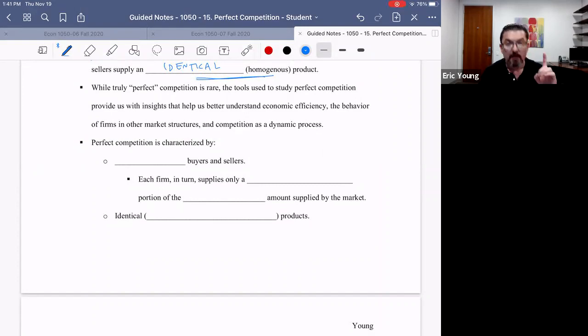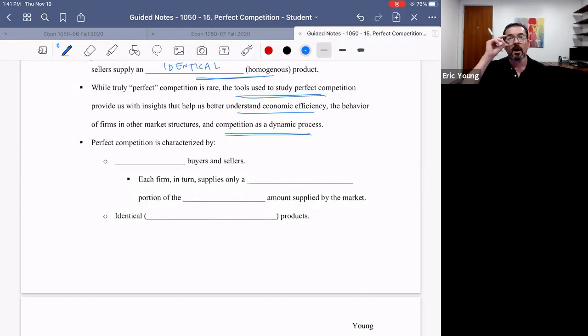Yes, it's rare, but critically, the tools that we're going to develop to study perfect competition help us in lots of ways. They give us insights into understanding economic efficiency. They give us insights into understanding the critical role that competition plays as a dynamic process that makes us better off as citizens and consumers.